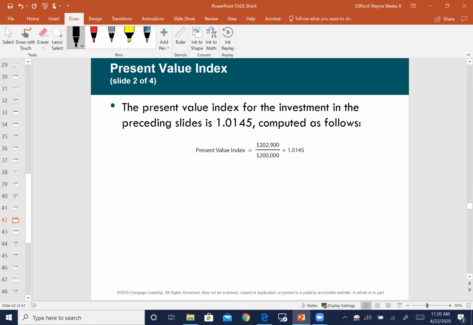Know that if this is an acceptable one, it's going to be at least 1, because that would have meant 200 divided by 200. For something to be acceptable, it has to be positive or the same amount. So if the cash flows were 200, that would have given you a 1.